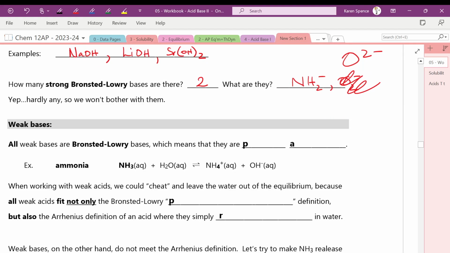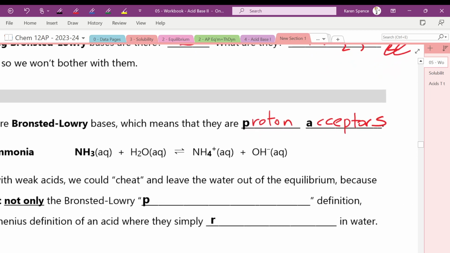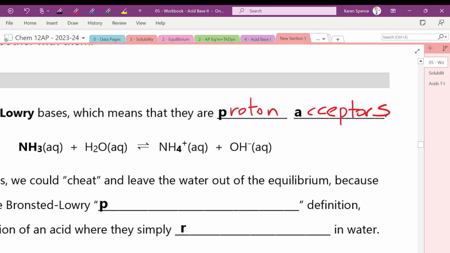All weak bases are Bronsted-Lowry bases, which means that they are what? Proton acceptors. So for example, we have ammonia, which is a weak Bronsted-Lowry base.